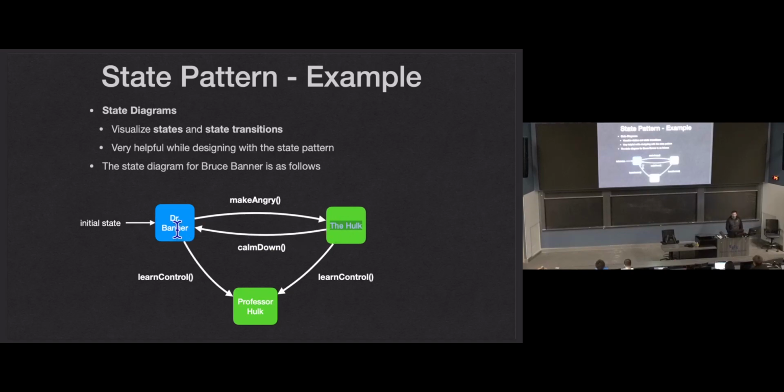Call calm down, he's going to go back to the Dr. Banner state, and whether he's Dr. Banner or the Hulk, if he learns control, he's going to transition to Professor Hulk. And once he's in Professor Hulk, there's no arrows going out. He can't transition back to one of the other two states. In our simulation, anyway.